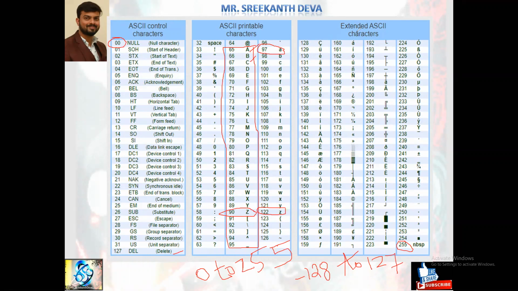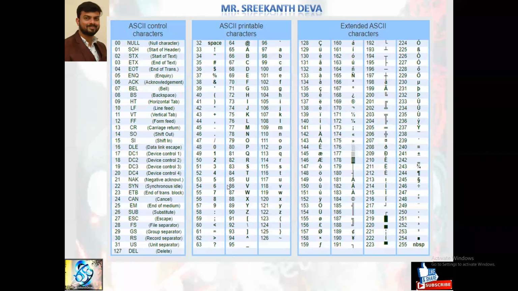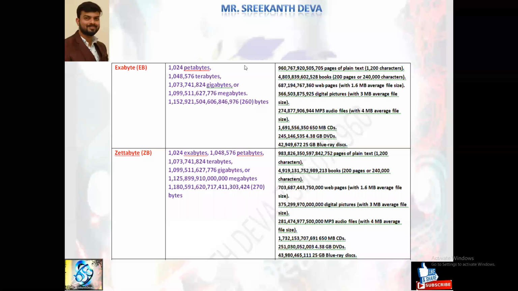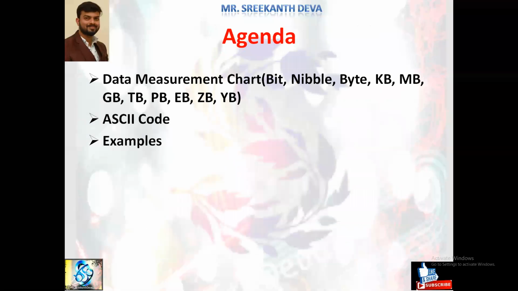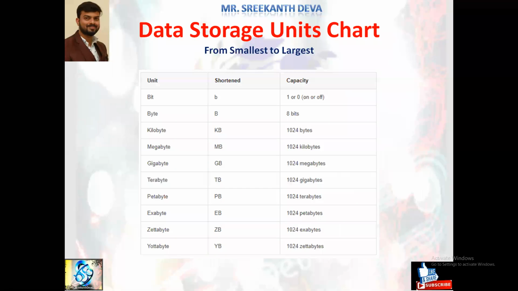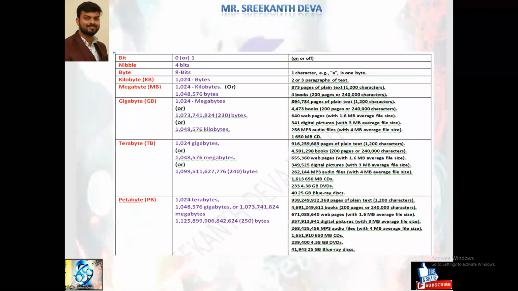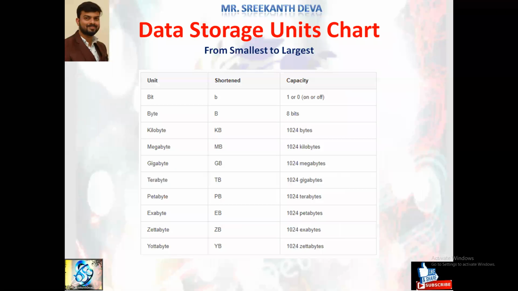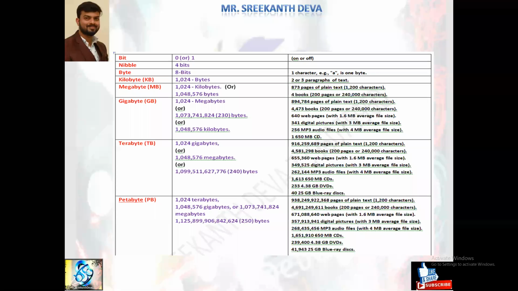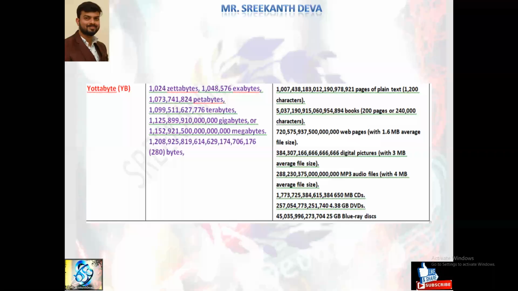I hope all understood today's session regarding what data storage units are, the data measurement charts like bit, nibble, byte, kilobyte, megabyte, gigabyte, terabyte, petabyte, hexabyte, zettabyte, yottabyte, their sizes, and shorthand representations. Very important: small b represents bit, capital B represents byte.